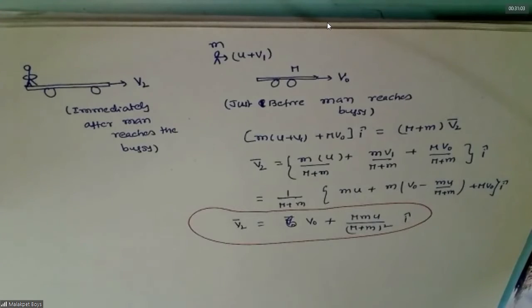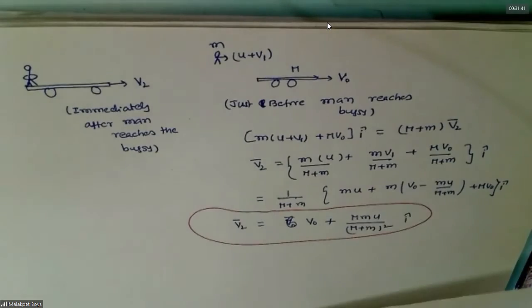Sir, we are saying after the man is in the air, na sir. In that first case, so if the man is in the air, the velocity of the rear buggy should not be V naught, it should be V1, right? I am asking because the man is not present in the rear buggy.